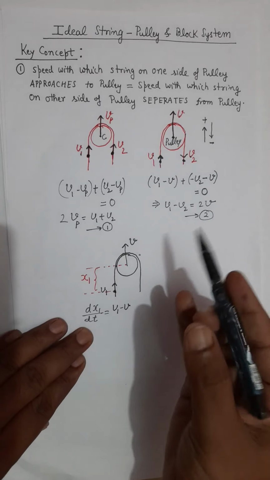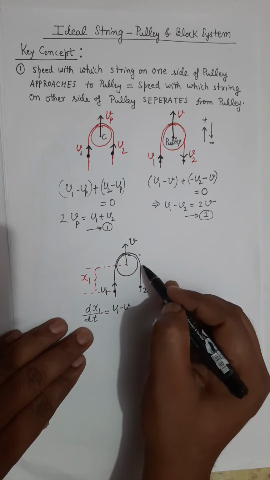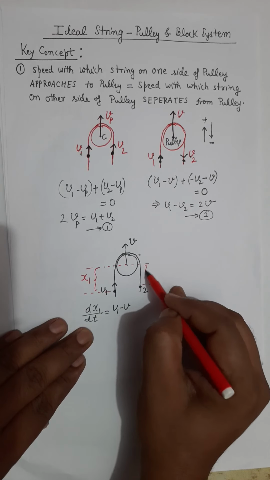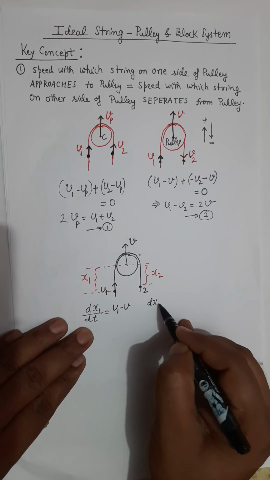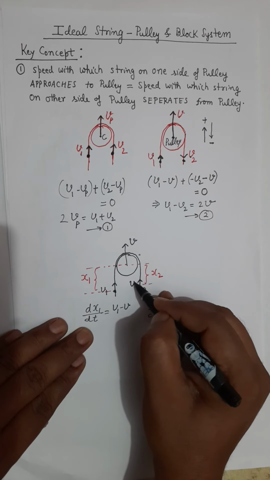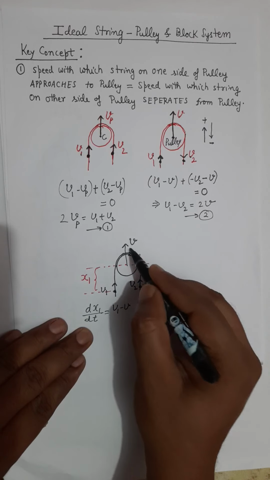And if you take another point on the other side of the pulley, and let's say this length is x2, then the length x2 will change at the rate of dx2 by dt. If point 2 is traveling upward with velocity v2, then the rate of change of this distance can be written as v2 minus v.